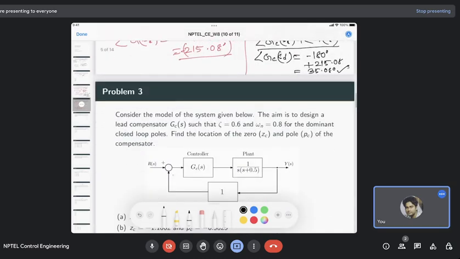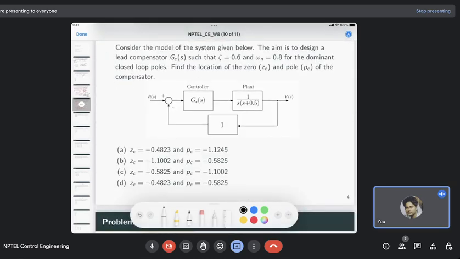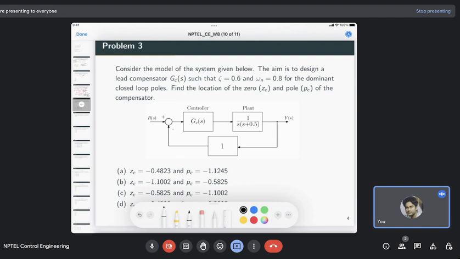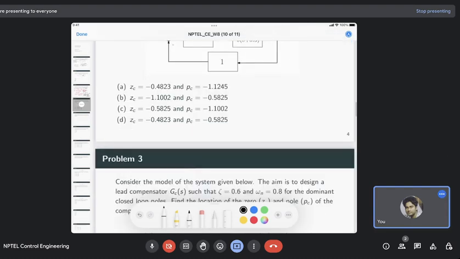Okay, so the next question is how to find the location of this ZC and PC, that is, the location of the compensator zero and pole. As you know, there are many possible ways to locate them, but to optimally locate them we already know the formula.